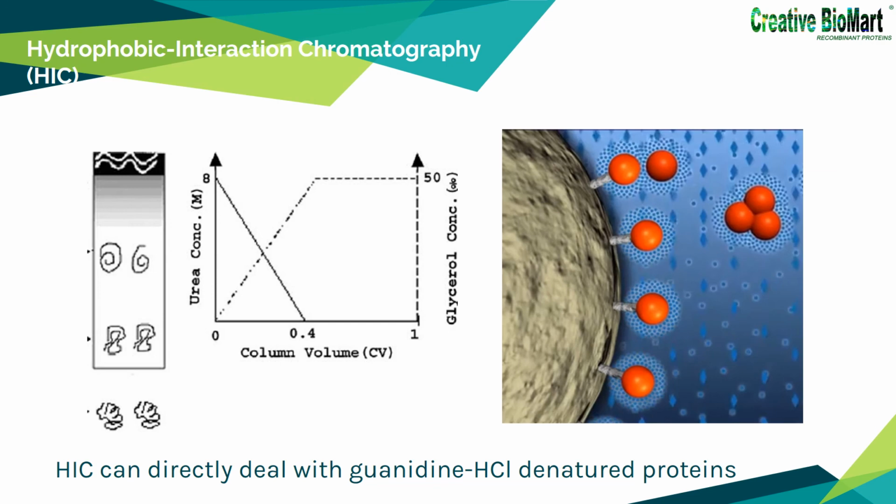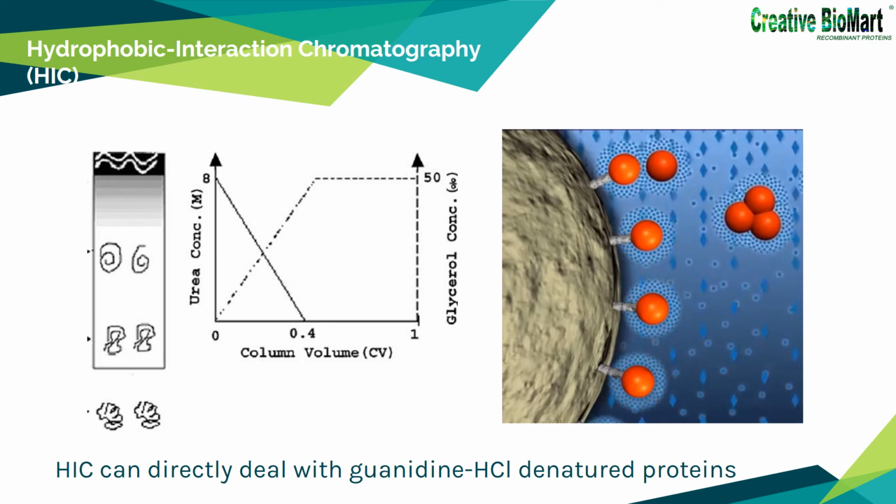3. Hydrophobic interaction chromatography. The mechanism involves hydrophobic interaction between immobilized hydrophobic ligands and the proteins in solution. Although most hydrophobic amino acids are buried in the interior of globular proteins, some of them are exposed on the protein surface. These can interact with hydrophobic ligands on the HIC gel.